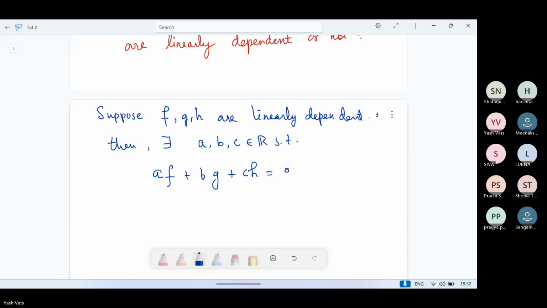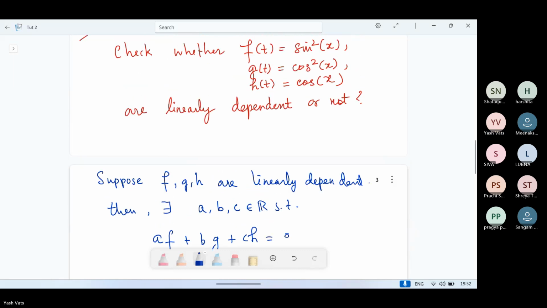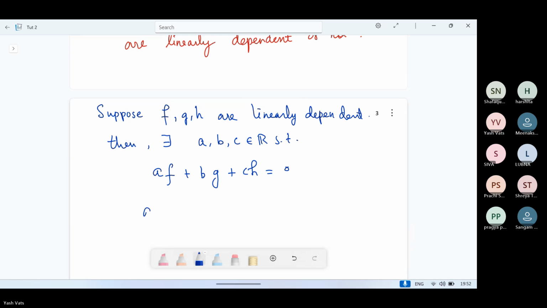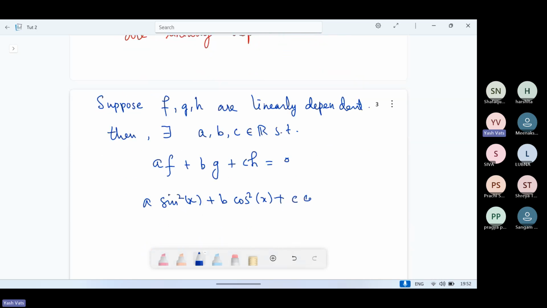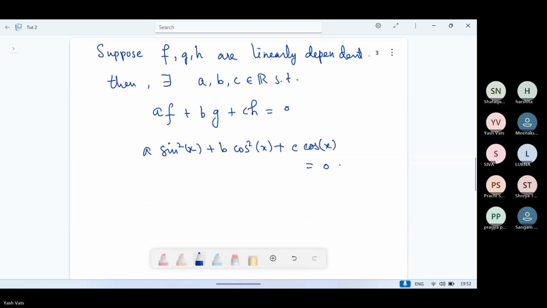Anyone? So I just write a sin square x plus b cos square x plus c cos x equals 0. Yes, what is the next step? How do you prove that they are not linearly dependent, or if they are, then what is the next step?